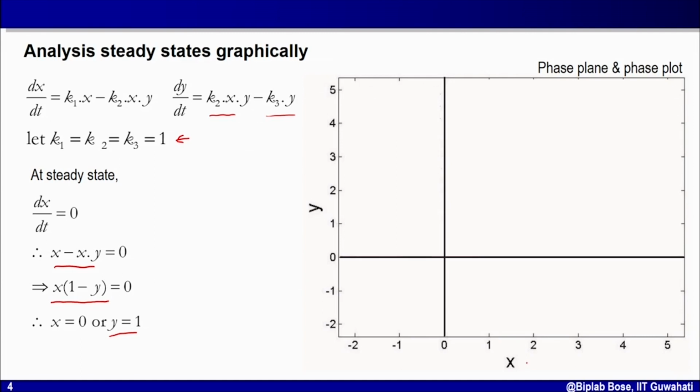So I have plotted x on this horizontal axis, y on this vertical axis. So any point on this xy plane is the value of x and y at that moment. As time changes, the value of x and the value of y will change as per the given ODEs.